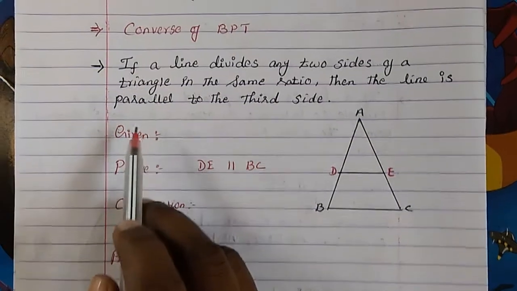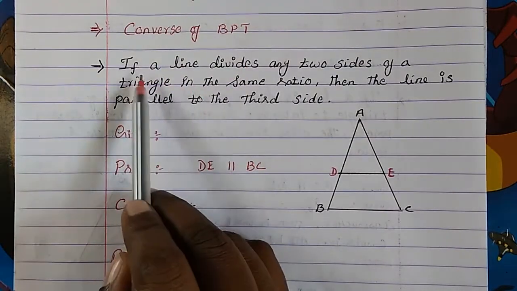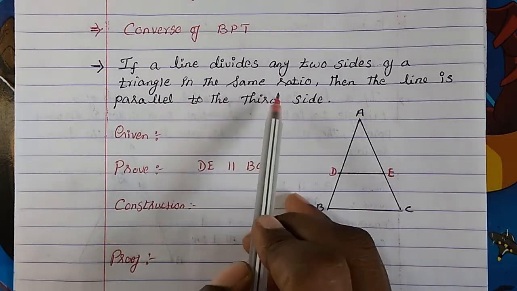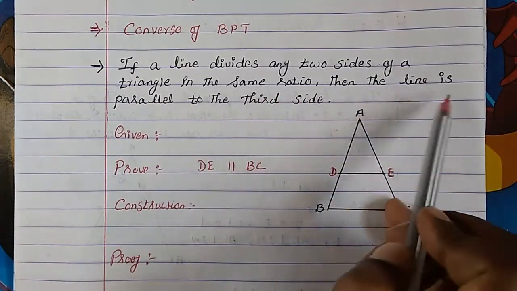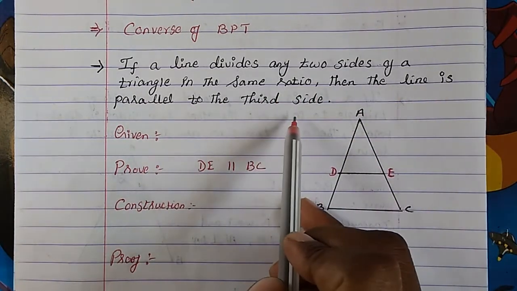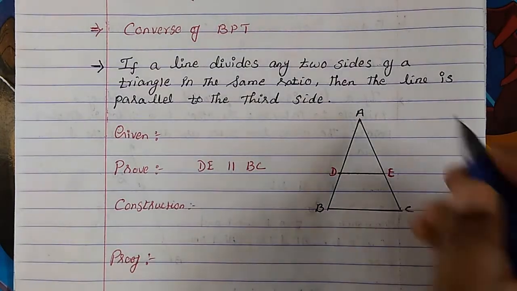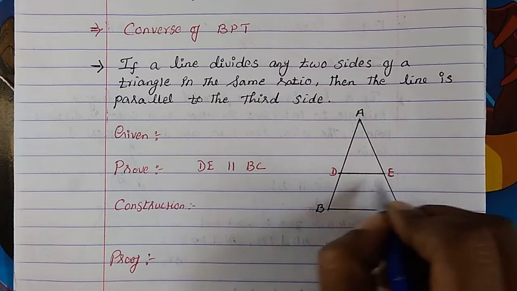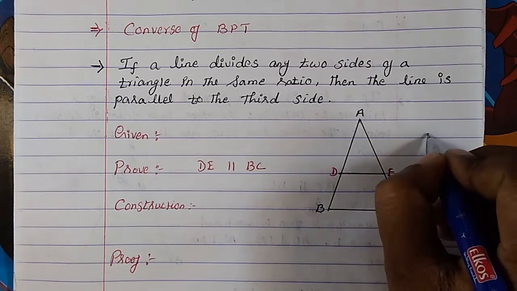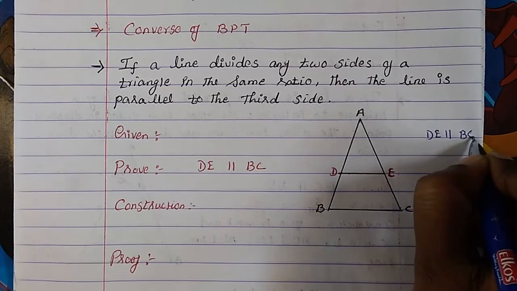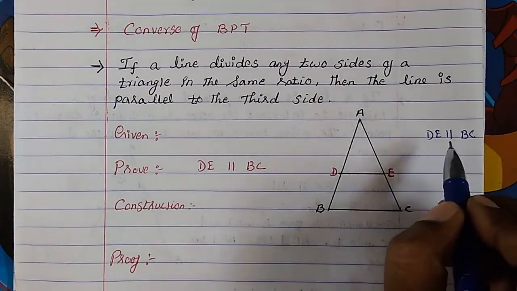You see, the converse of the BPT theorem says that if a line divides any two sides of a triangle in the same ratio, then the line is parallel to the third side. So that's what we have to prove. In the BPT theorem, it will be given to us that DE is parallel to BC.